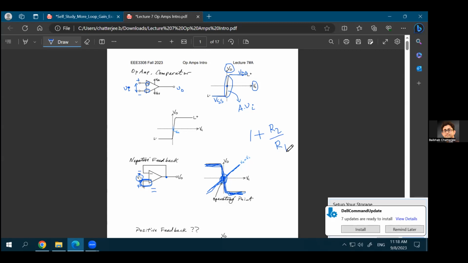So we can go back to the lecture on feedback. So for negative feedback, this was your equation. This was your feed forward path. This is the feedback path. And what does negative feedback look like? You have your input here at the positive terminal. Your feedback is at the negative terminal.